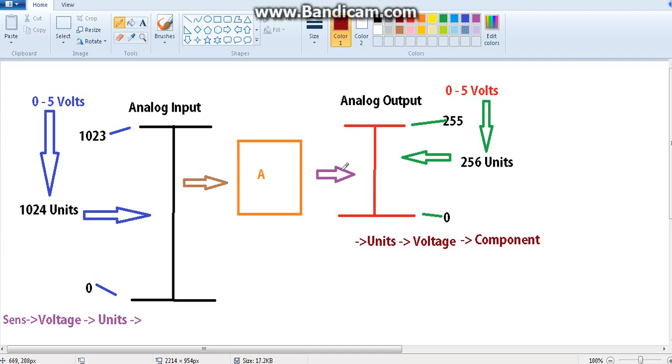Your mentioned value will be compared with the scale to find the respective voltage, and the voltage output value will be given on that particular pin. So that is what it is. You are still mentioning the units, and from that, using this 256 unit scale and the voltage value, Arduino will find the respective voltage for your unit value, and that voltage is given as an output from the Arduino's pin, and it is going to the component.